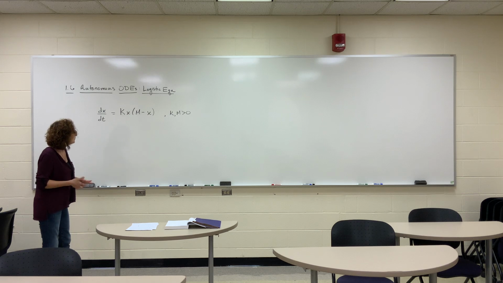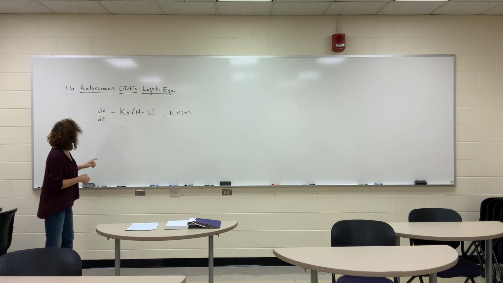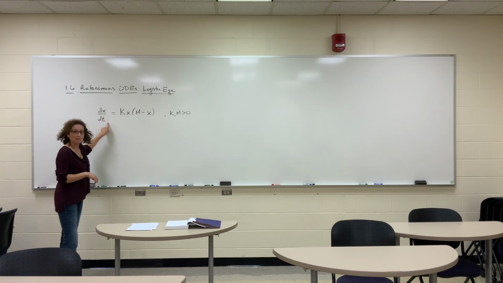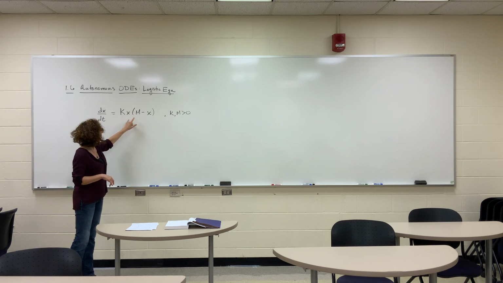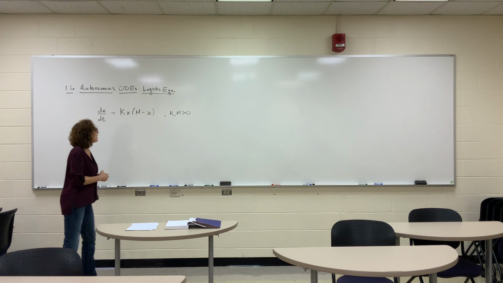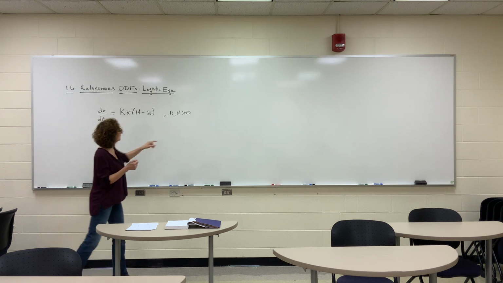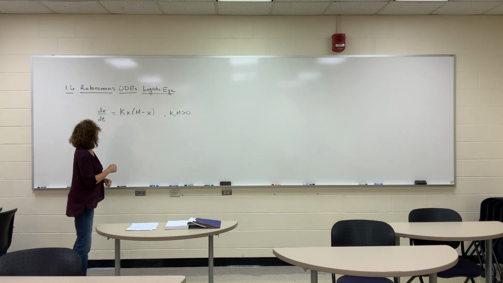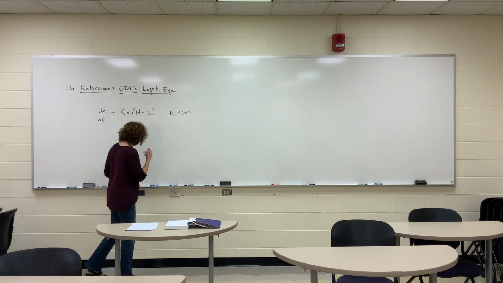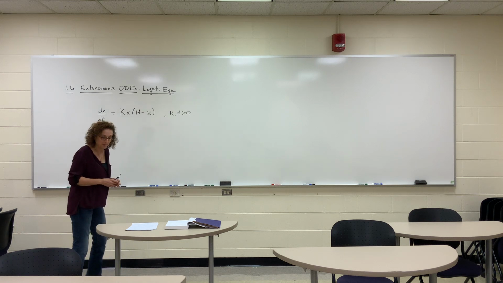It generally describes some type of population, and the rate of change of that population is proportional to the product of the number that you've got at some time t and this quantity, m minus x. One of the things we're going to explore a little bit is what m is, and k is our constant of proportionality.